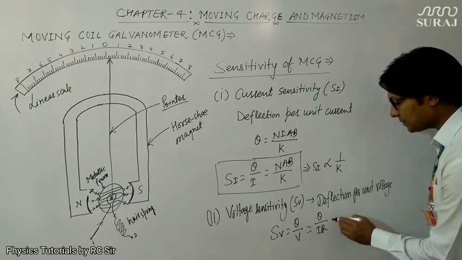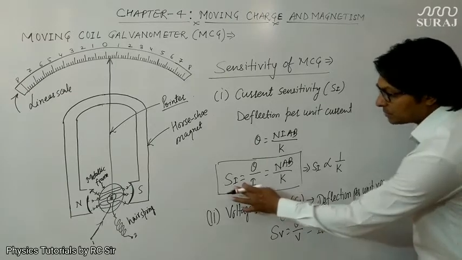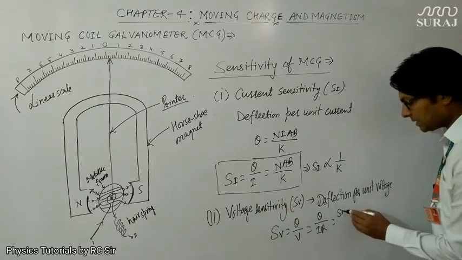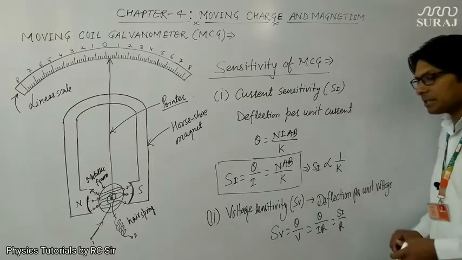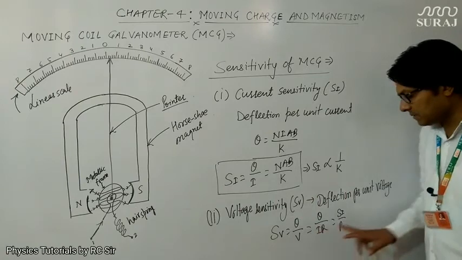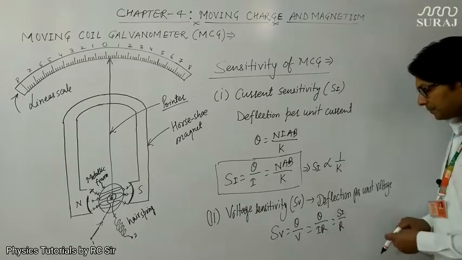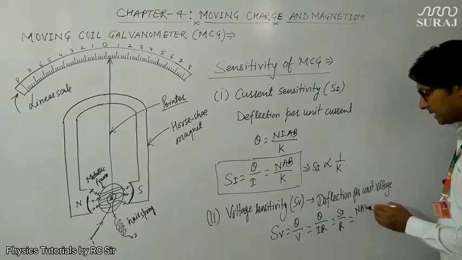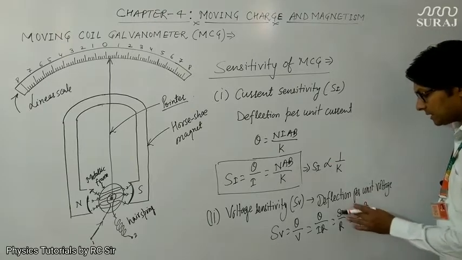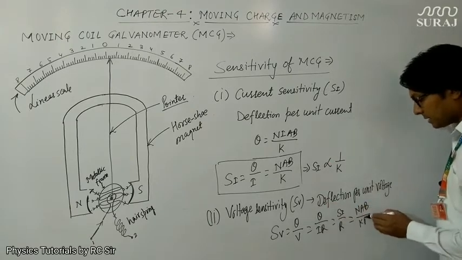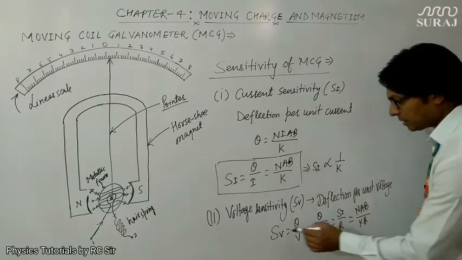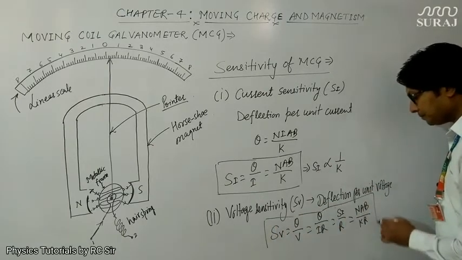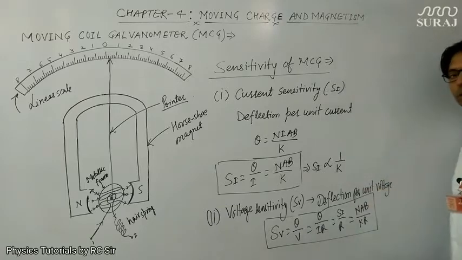So theta upon I becomes SI, so it is SI upon R. This is the relation between voltage sensitivity and current sensitivity, and the formula can be written as NAB upon K. This is SI, and R is extra in the denominator, so it will become NAB upon KR.